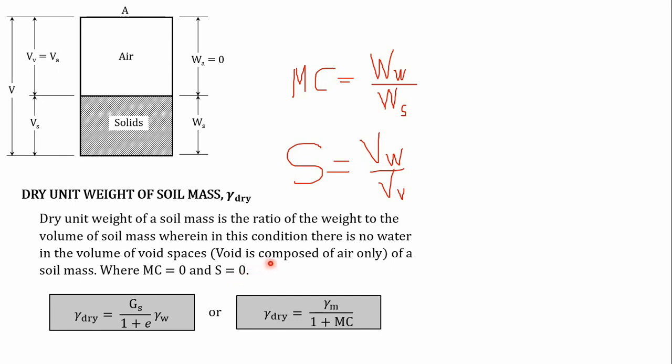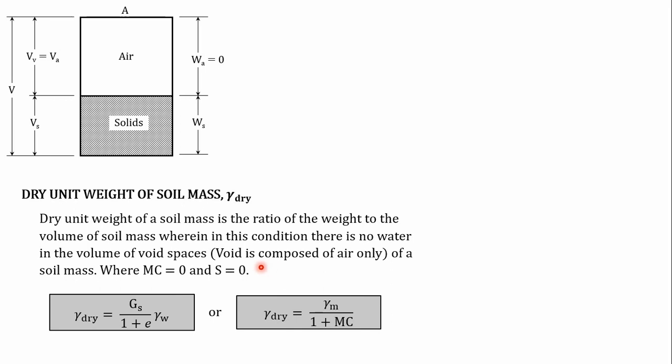Gets? So yung dry unit weight niya is itong formula. Dalawa ito. By the way, ang formula niya is unit weight dry is equal to GS over 1 plus E times unit weight ng water.